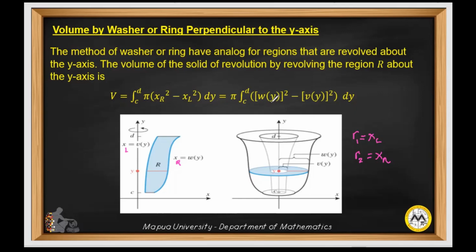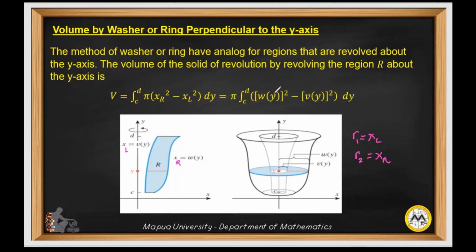Since both x_R and x_L are functions of y, the volume is equal to pi times the integral from c to d of [w(y)] squared minus [v(y)] squared, that is x_R squared minus x_L squared, times the differential of y.